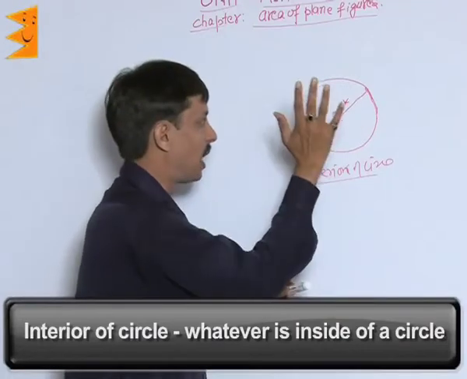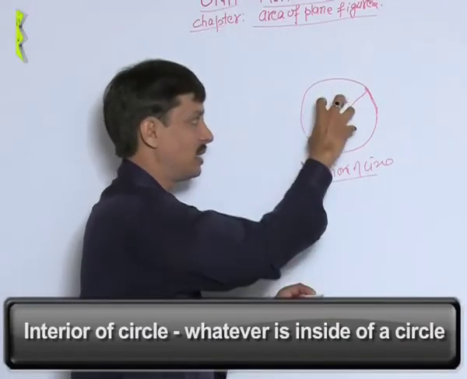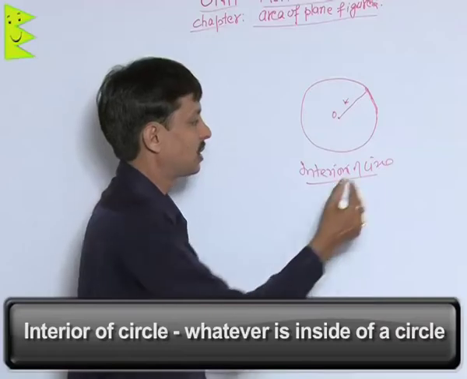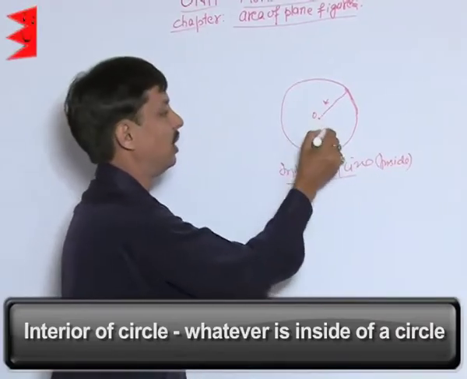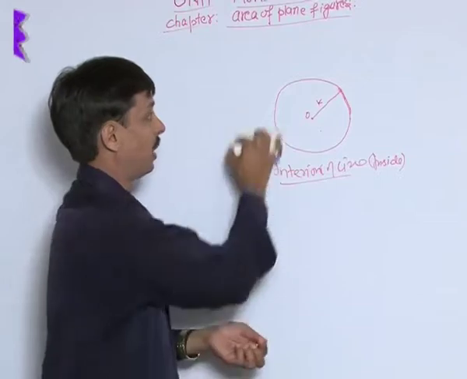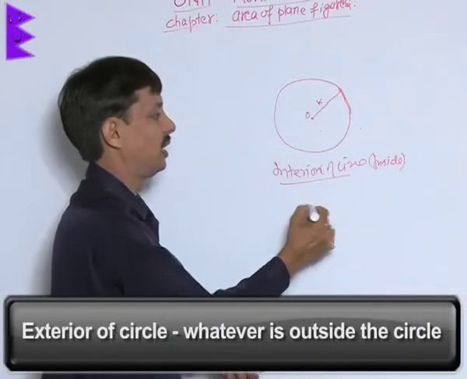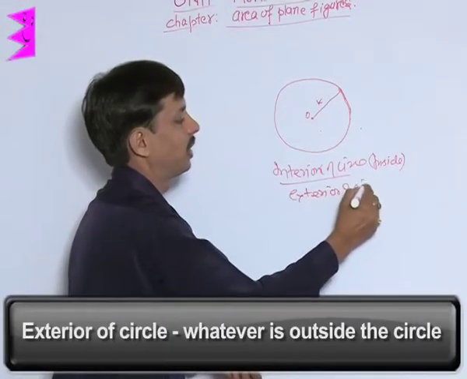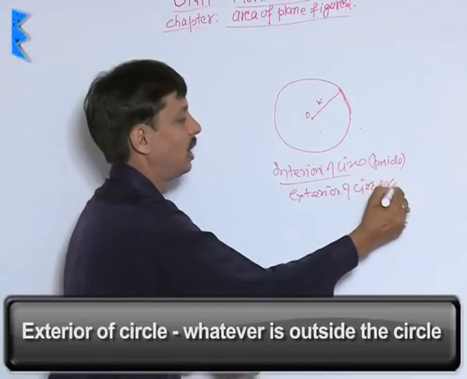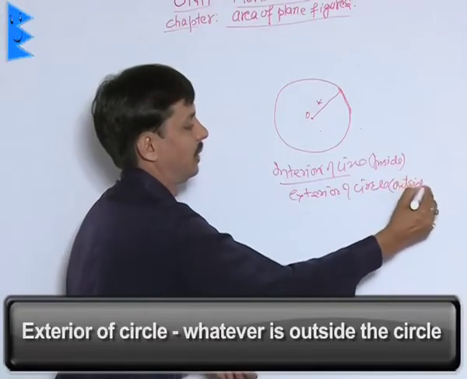One is the part or area enclosed inside the circle. Whatever is inside the circle is known as the interior of circle. Whatever is left outside is known as the exterior of circle, anything which is outside.